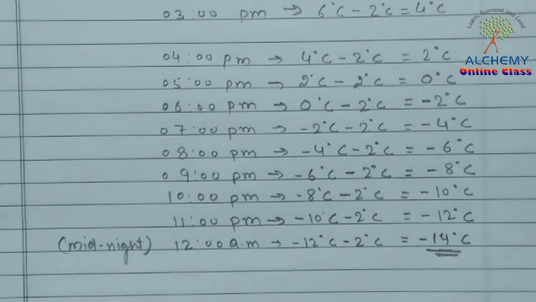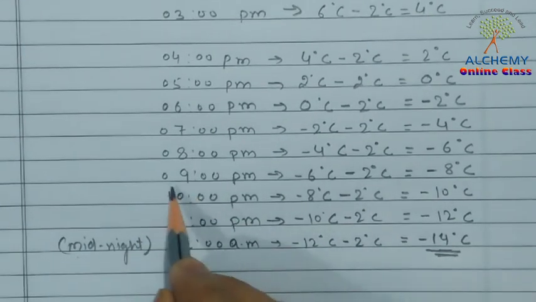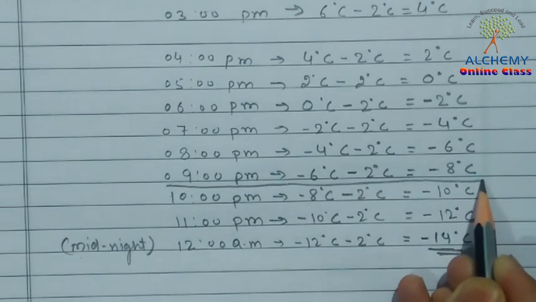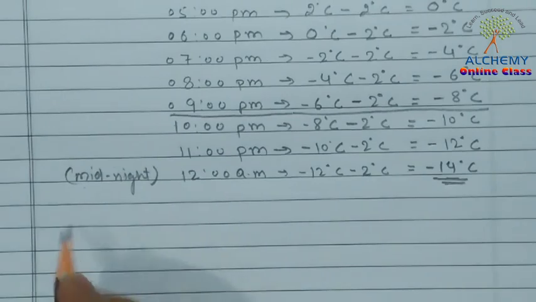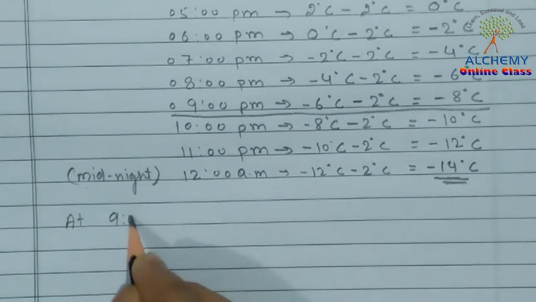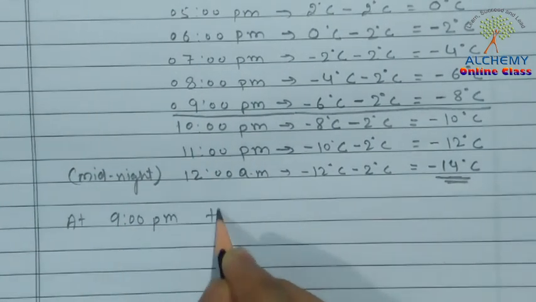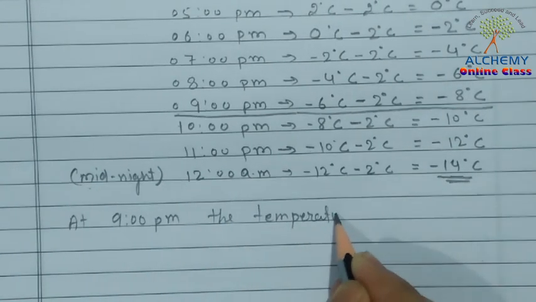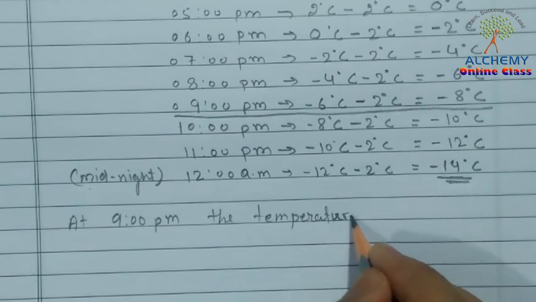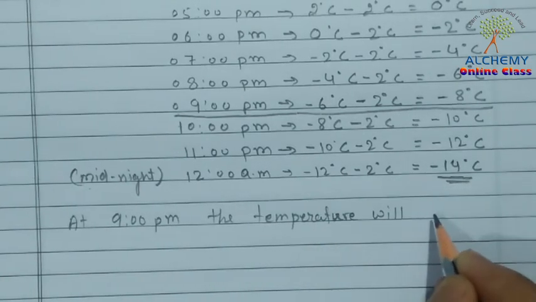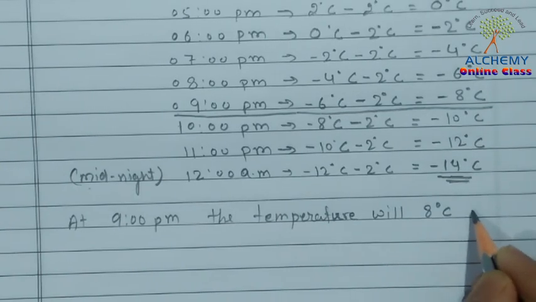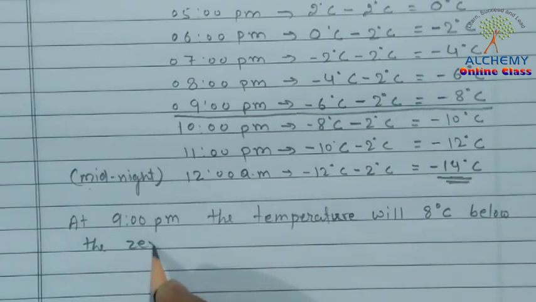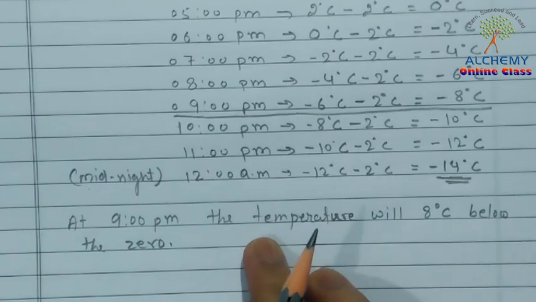So we can see at 9 p.m. the temperature was minus 8 degrees Celsius. So we can write our answer here. At 9 p.m. the temperature will be 8 degrees Celsius below the 0. Okay, so this was the first question.